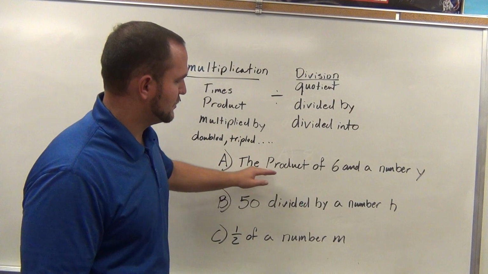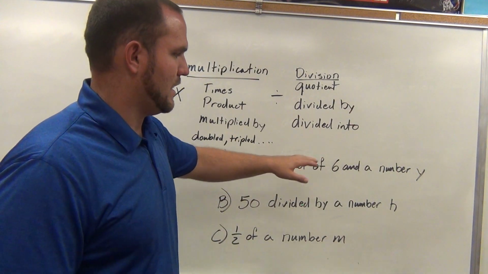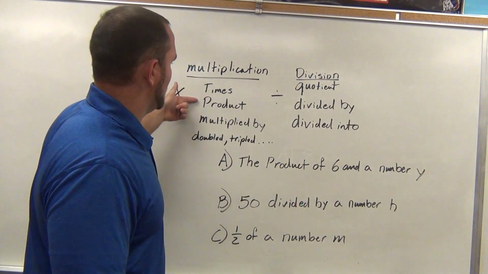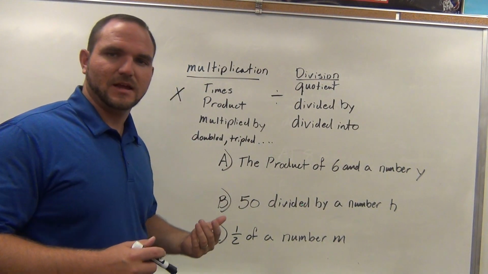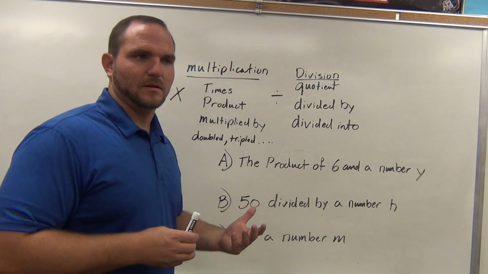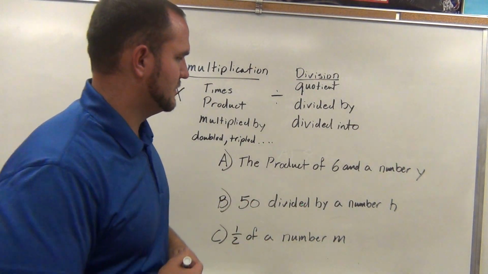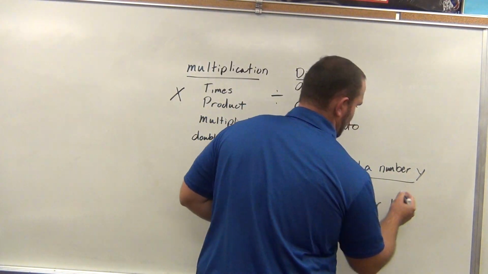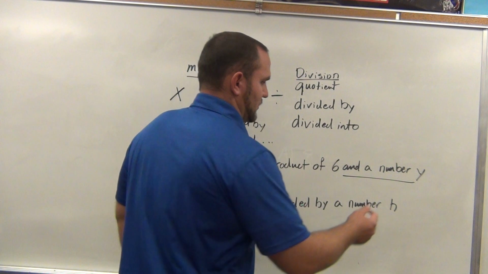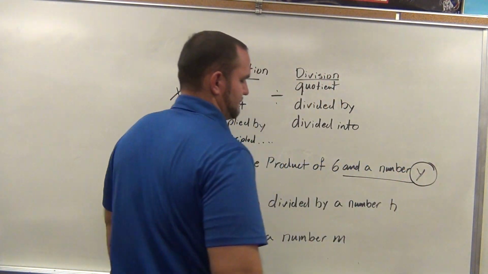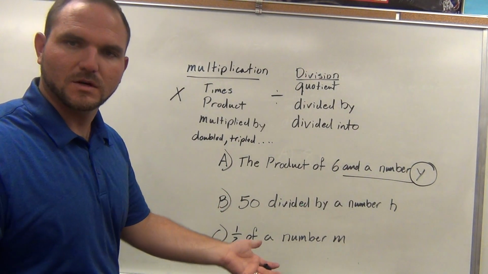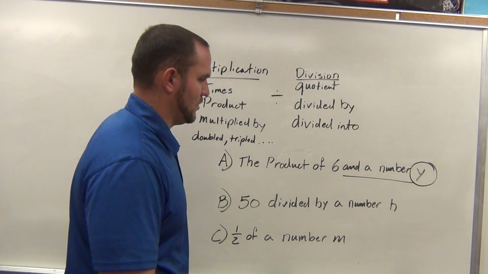Okay, so the product of 6 and a number y. So we need to figure out what product means. We just talked about it. Product, multiplication of 6 and a number y. Now, if you watched my last video with the addition and subtraction, when it says a number, that is just saying y, or your variable, okay? We don't know what the number is, so they're going to put in a variable of y.